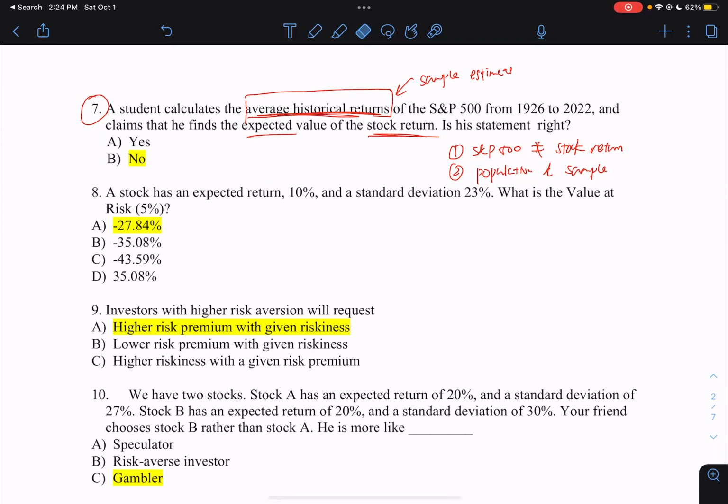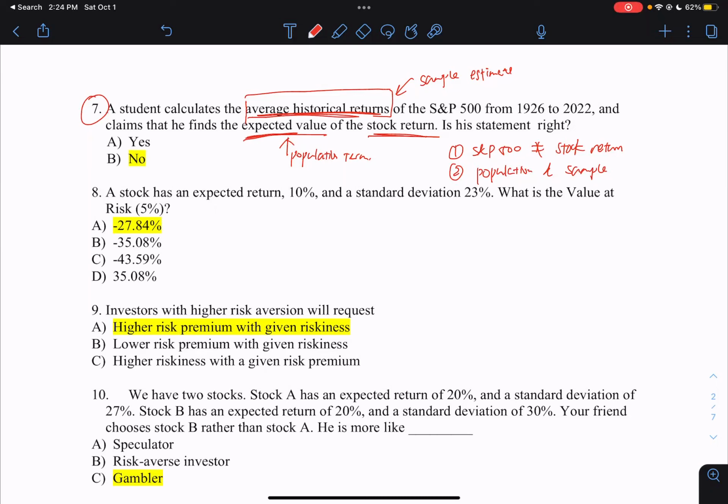But expected value should be a population term. I think the answer is very clear why it's no. The reason I bring it up is because usually if you look at articles or even research papers, people do not really differentiate the population and sample.